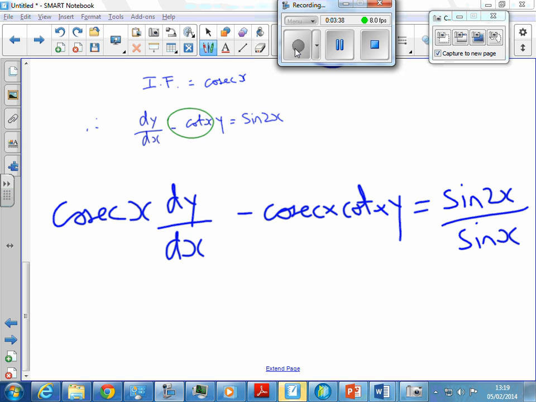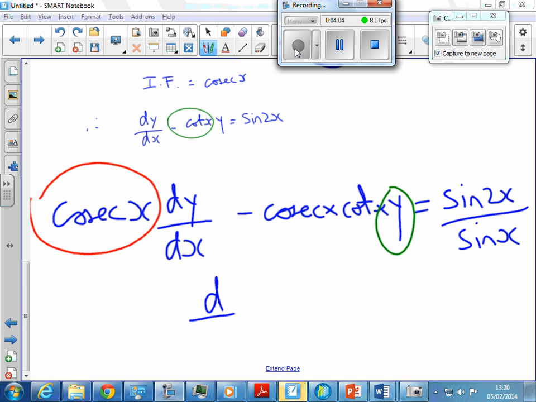And now here's the key idea: we know that the left-hand side becomes an exact derivative. And we don't even need to think. We know that our integrating factor and y is what goes inside the bracket. What do I mean by that?